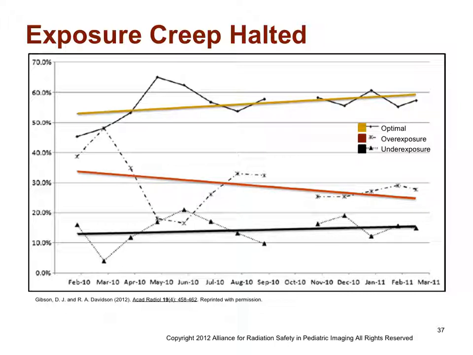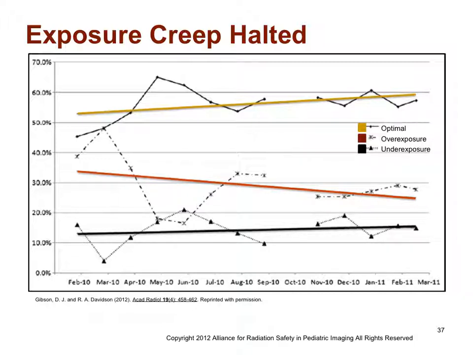In this case, when you look at this, there still can be some concern for a given facility in that still less than 60% of the images are considered to be optimal at the end of this study. So that means 4 out of 10, or 40%, of these images are suboptimal, whether that's overexposed, which means too much exposure for our patients.